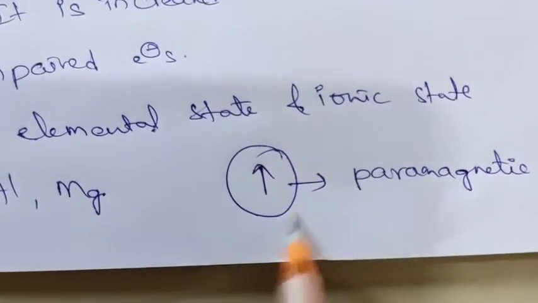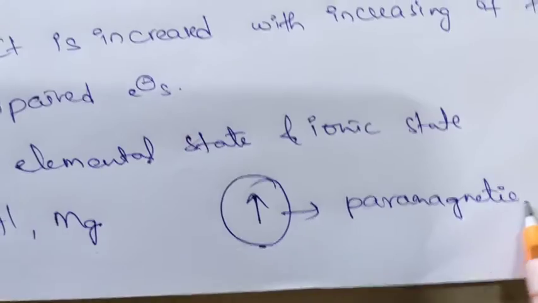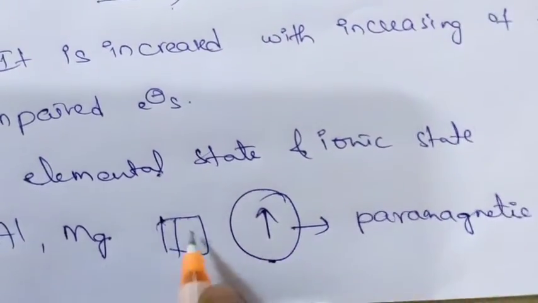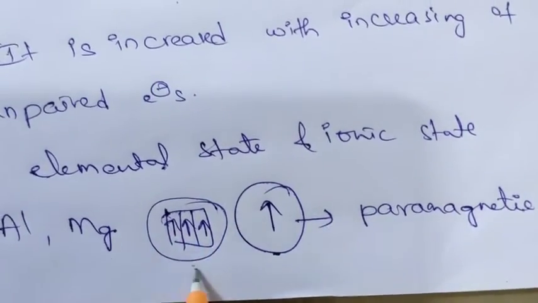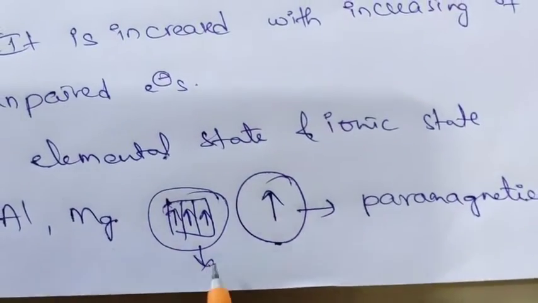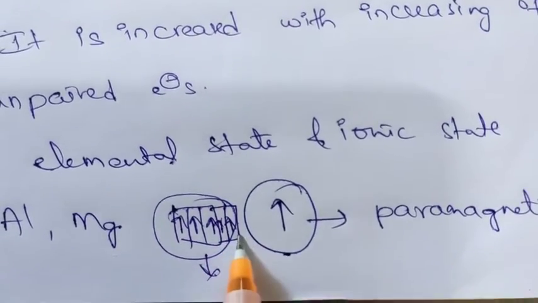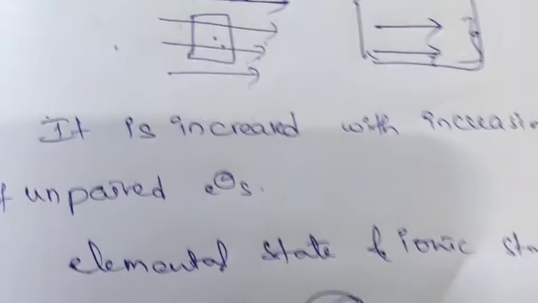If we have an unpaired electron, that is a single electron in an orbital, that shows paramagnetic nature. If the number of unpaired electrons in these orbitals increases, then the paramagnetic nature also increases.